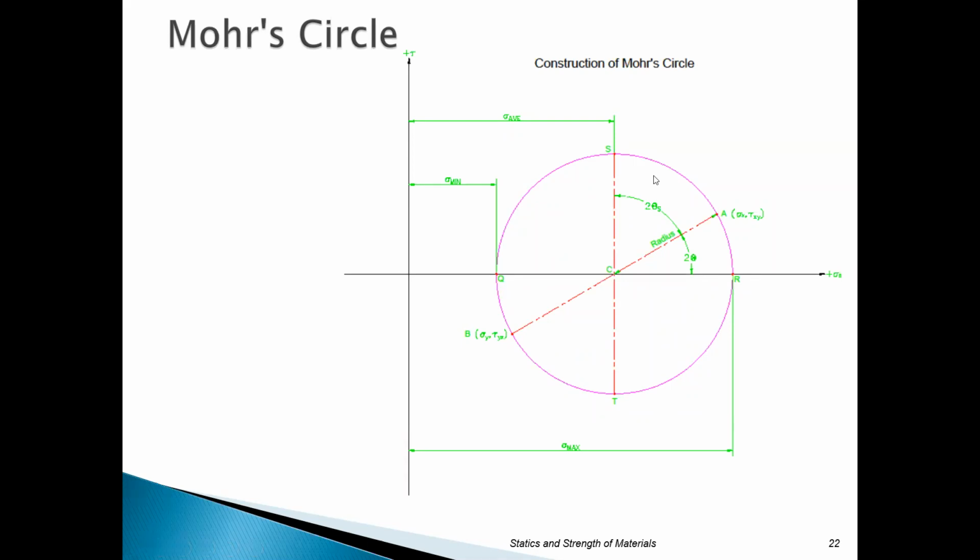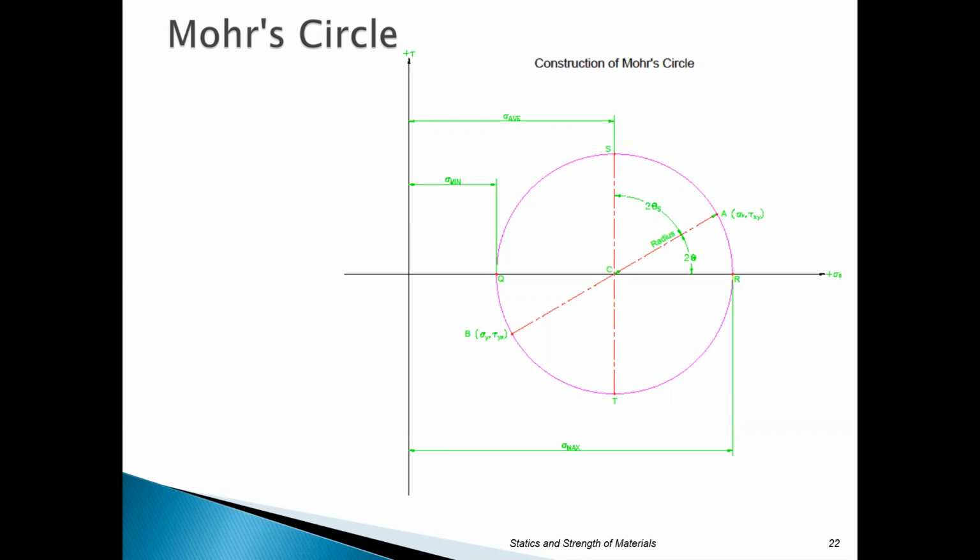And the only other thing you have to deal with is this 2 theta angle and the 2 theta S. 2 theta is the angle of the plane along which your maximum normal stresses occur, and 2 theta S is the direction of the plane along which the shear stresses occur.